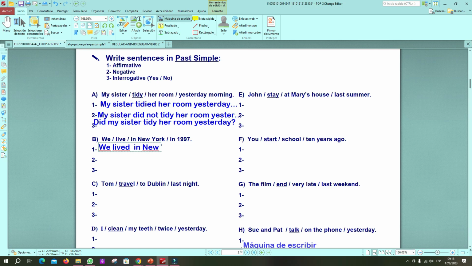New York in 1997. Okay, that's good, Mr. Ruben. Teacher. Yes. We can also say in 1997 we lived in New York. Yeah. And in 1997, comma, we lived in New York. You can also write it in that way. What about the negative, Mr. Ruben?